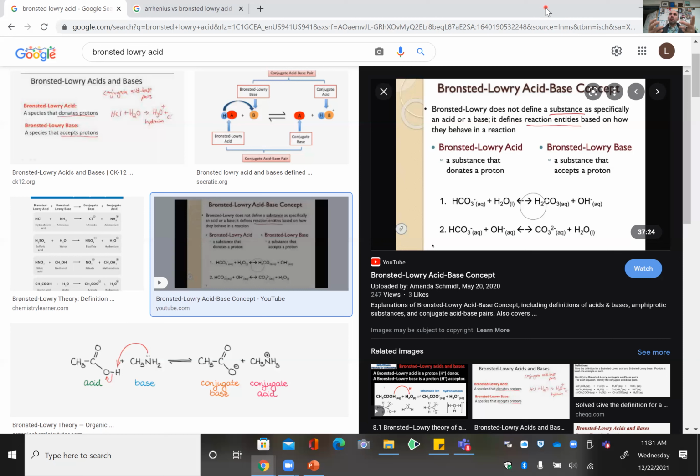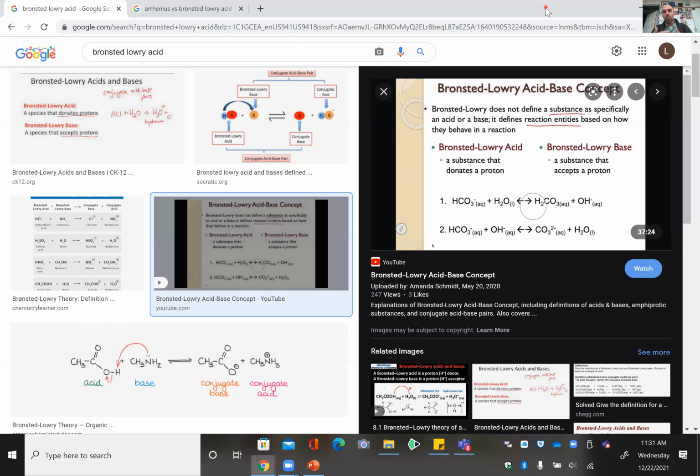Well, think about it this way: protons, hydrogen ions are usually plus charges. So it kind of aligns, right? Arrhenius, you increase the hydrogen ion concentration, it's an acid. Well, Bronsted-Lowry, you're donating a proton, that's a plus, so it's an acid. And you would accept the proton and you're a base.